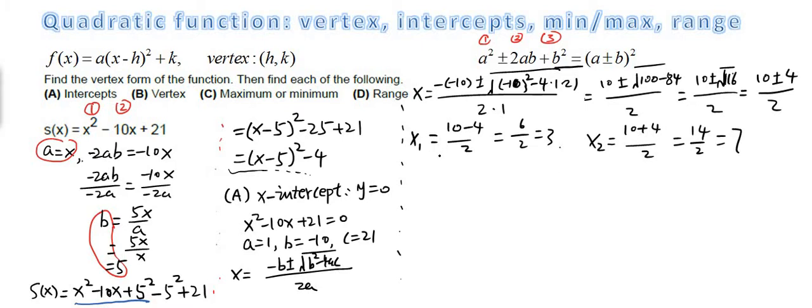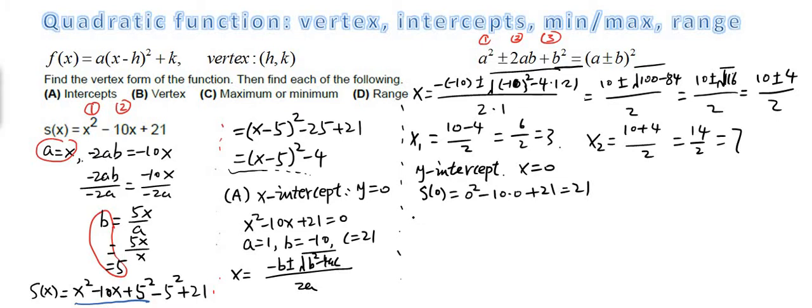So two roots, that means two x-intercepts. And for the y-intercept, that means x equals 0. So plug in x equals 0: 0 squared minus 10 times 0 plus 21 equals 21.